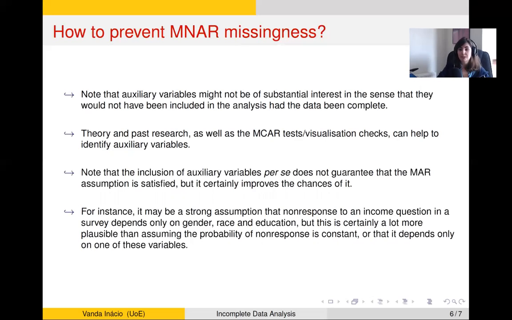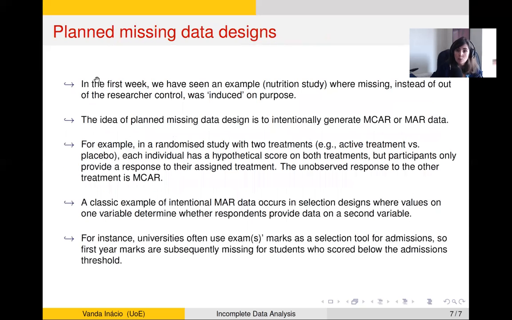It may be a strong assumption that non-response to an income question in a survey depends only on the gender, the race, and the education of the individuals, but this is certainly a lot more plausible than assuming that the probability of non-response to income in the survey is a constant, so missing completely at random, or that it is only related to one of these variables, related to gender, to race, or to education. So the more variables we try to include, the higher the chances that the missing at random assumption is at least plausible.